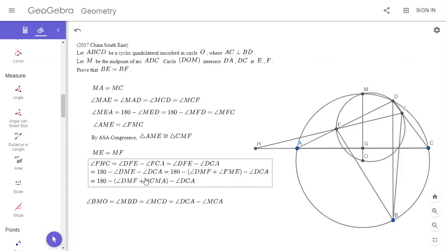Yeah, this is trickier than I thought. Let's see. But yeah, we're really close here.